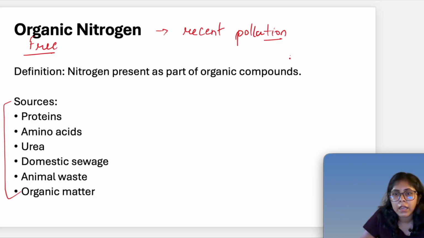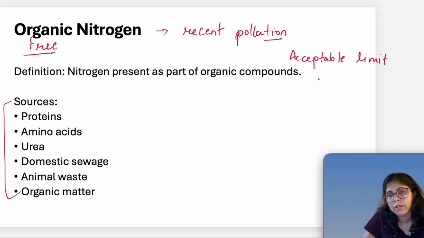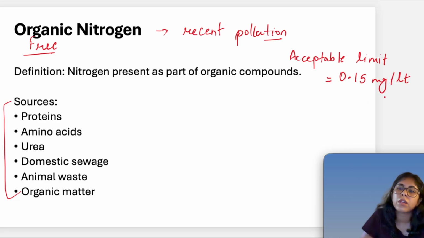And the acceptable limit of this is 0.15 milligram per liter. So if the water has more than this, that's not acceptable to us, right? So this is what organic nitrogen is.